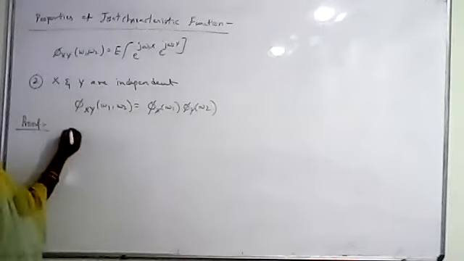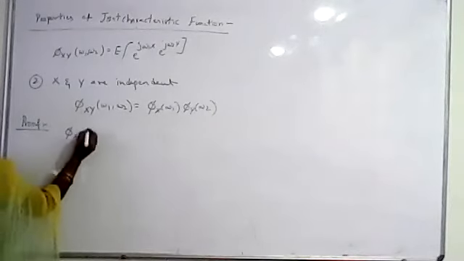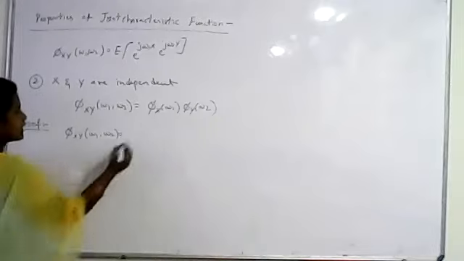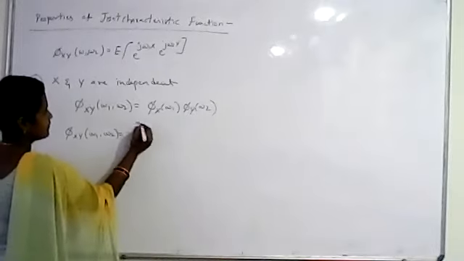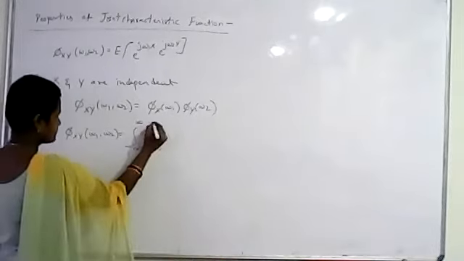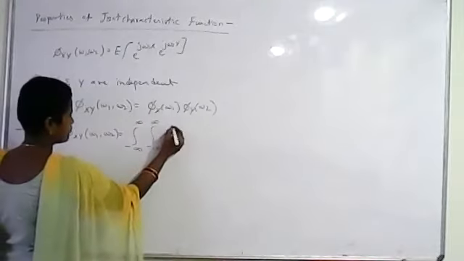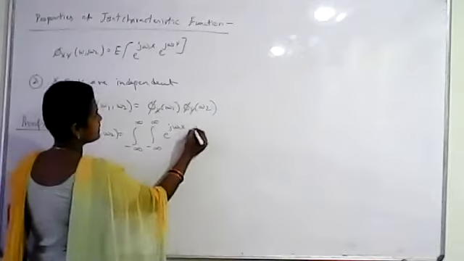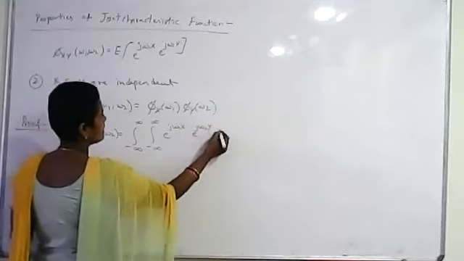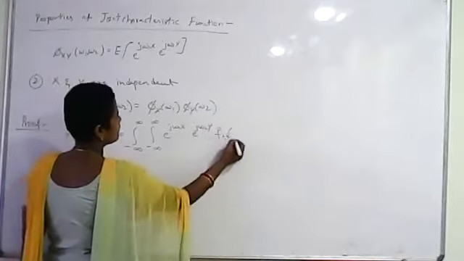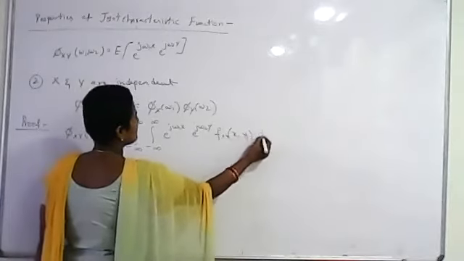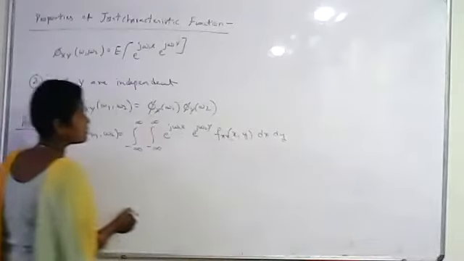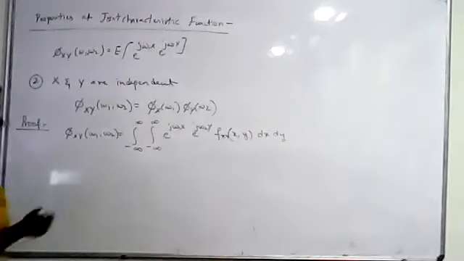Here phi xy of omega 1 comma omega 2 is nothing but the integral from minus infinity to plus infinity, integral from minus infinity to plus infinity, of e power j omega 1x, e power j omega 2y, f xy of x comma y dx dy. This is the formula to find the joint characteristic function.